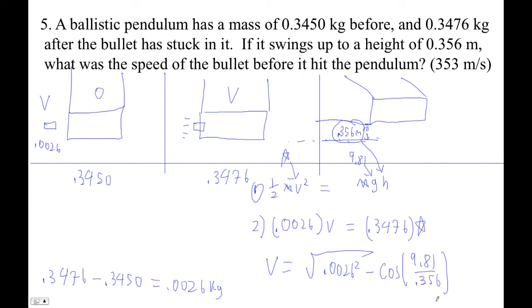The cosine of that, and then all of that is divided by 0.3450 squared. Now don't write any of this down. But when I do that, of course, I get 353. Don't write any of this down. This is just utter nonsense here. That cosine, then I square rooted that. I mean, it's just garbage. But the question is, do you think somebody's gullible enough to write this down? I don't know.